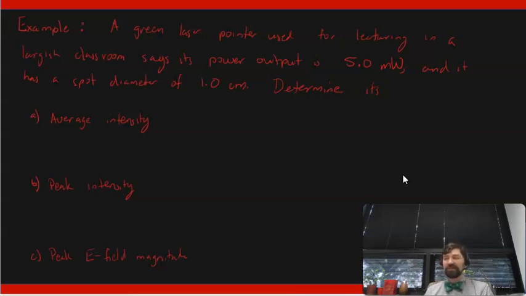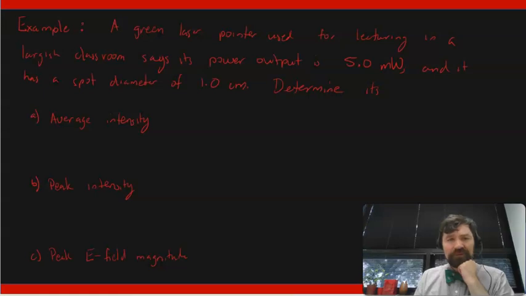We'll assume a uniform distribution of the power through that spot, even though it actually is itself a function of space. It may not be a flat uniform distribution. In fact, one common distribution is the Gaussian distribution. We'll assume a flat distribution in space.